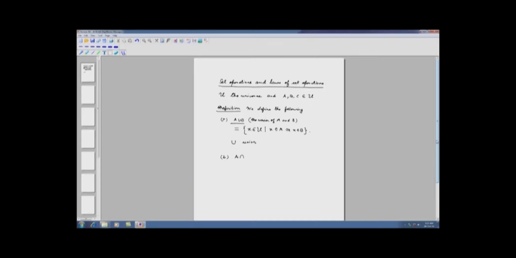We write intersection as this, A and B. So, this symbol is called the intersection, and this is the set of all x belonging to U such that x belongs to A and x belongs to B.